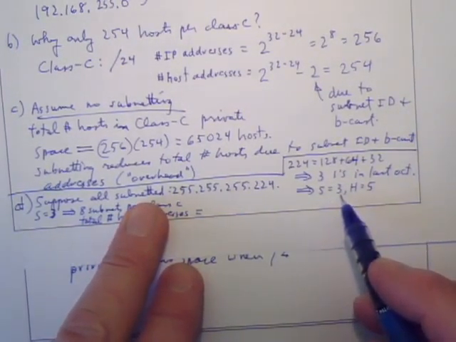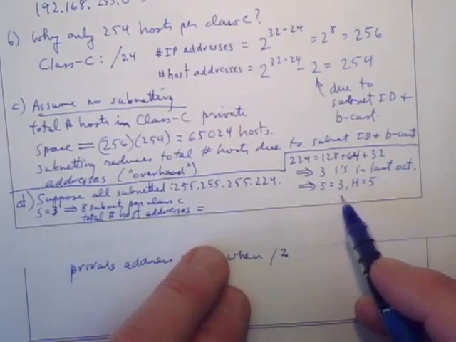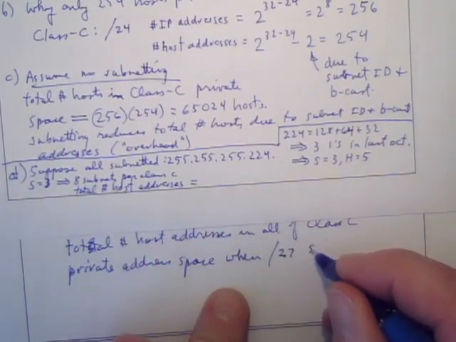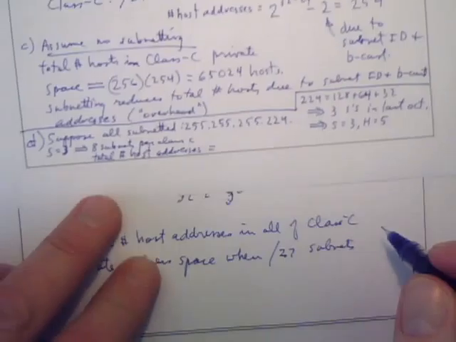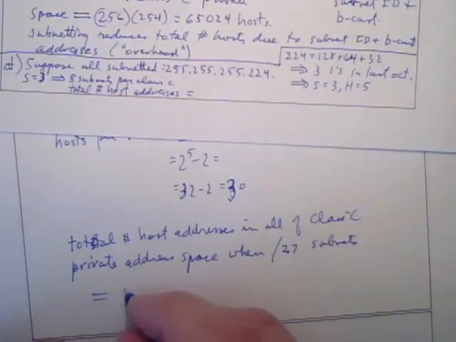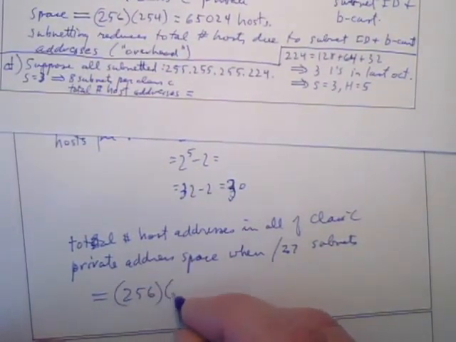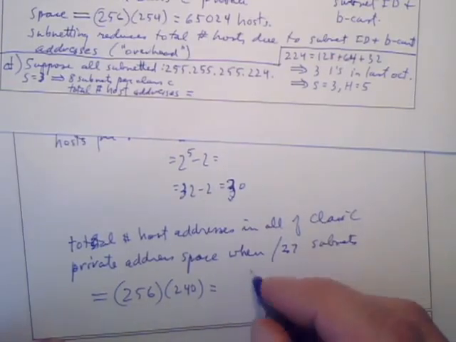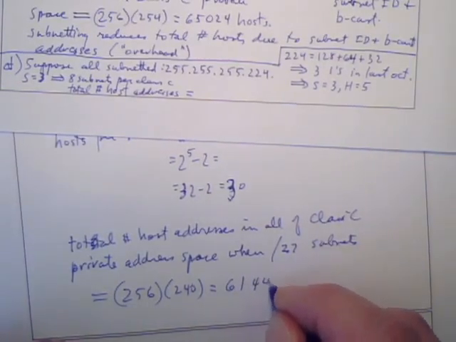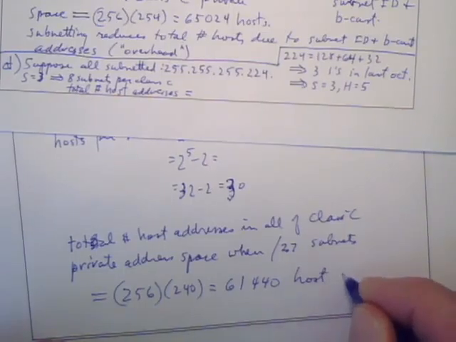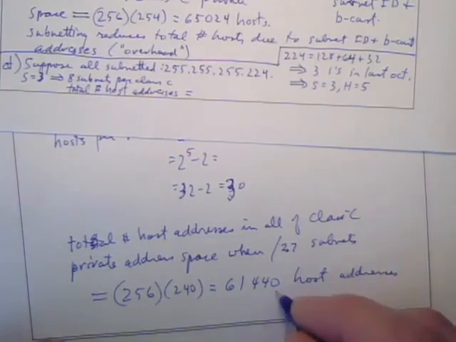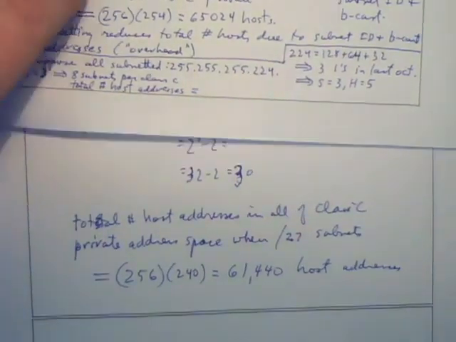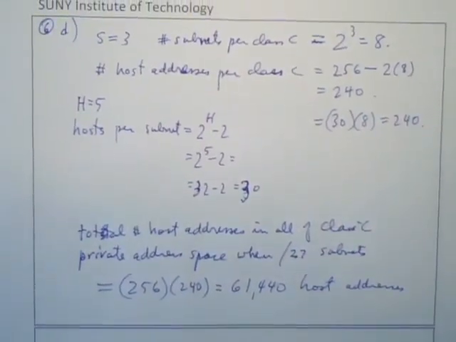Because S was 3, this is 24 plus 3 or 27. When I use slash 27 subnets, it is equal to 256 times the 240, which is 61,440 host addresses. Sorry that took so long. There you go. Hope that helps.